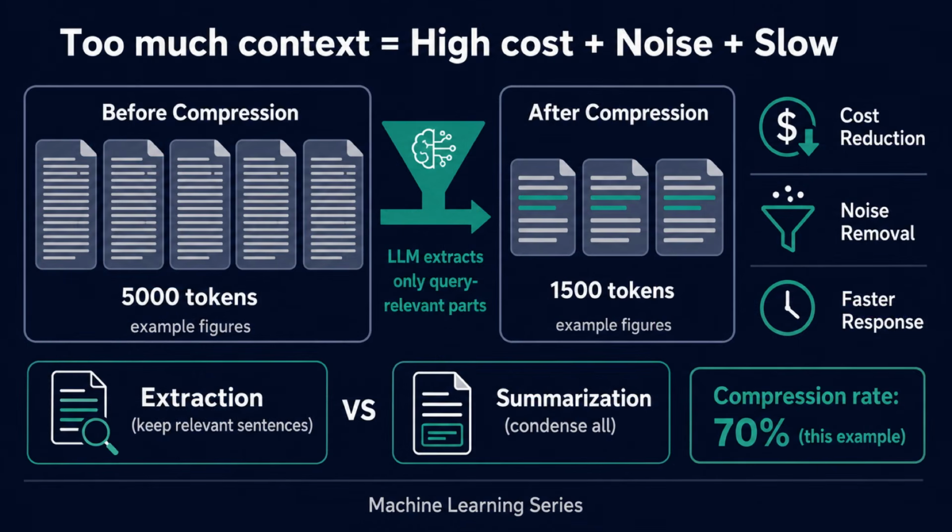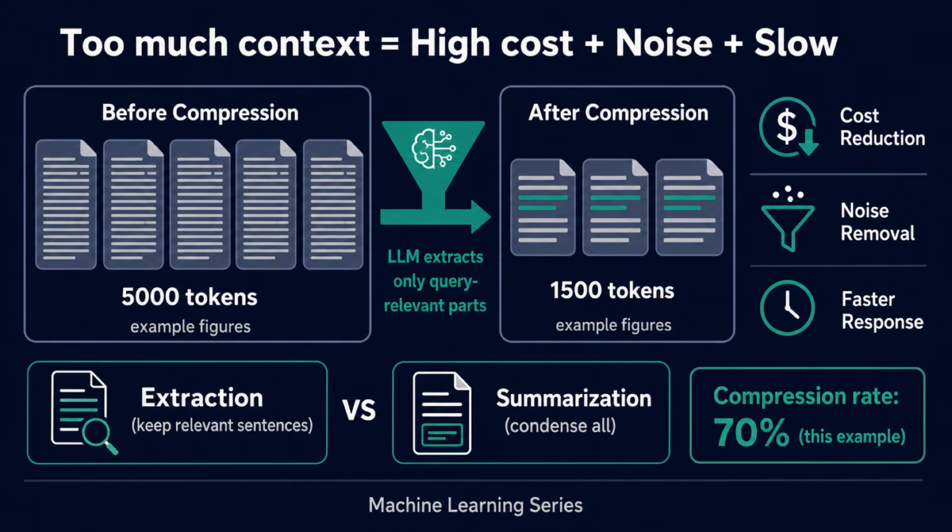Context compression addresses a practical challenge. Sending too much context to the LLM is expensive, slow, and introduces noise. Compression extracts only the query-relevant portions from retrieved documents. An LLM reads each document and pulls out sentences that directly relate to the question.